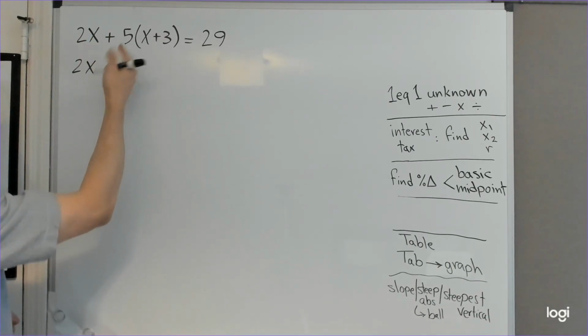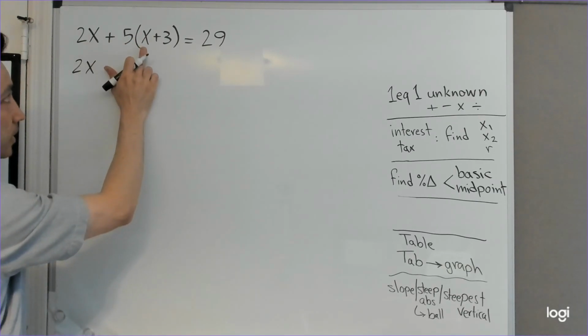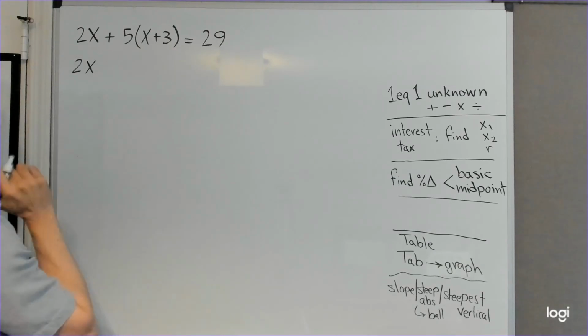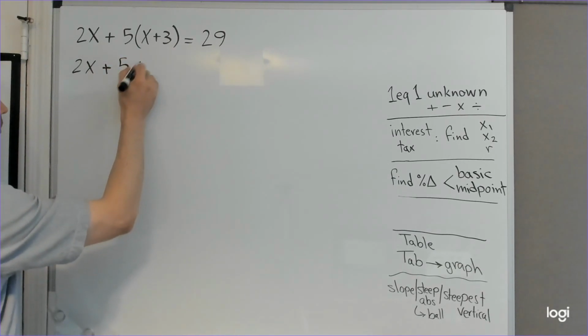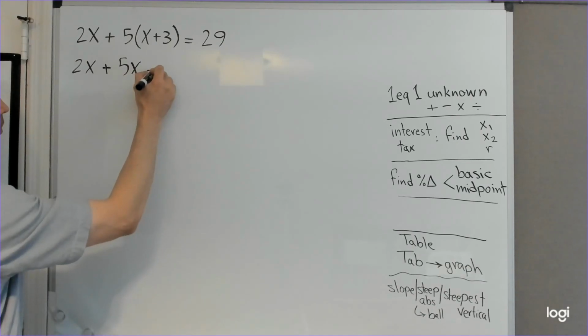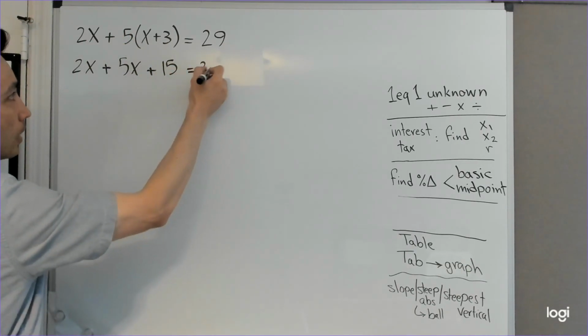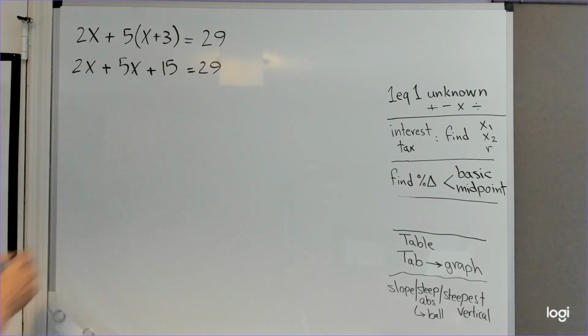But now 5 times this parenthesis, I have to distribute 5 inside. So it's going to be plus 5 times x plus 5 times 3, which is 15. And I repeat the right hand side without any changes.